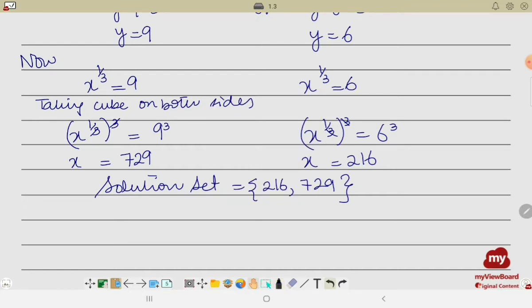Let's move further. The next sum is going to be the fifth sum of the same exercise, in which we have to reduce the equations to quadratic form. What we are doing is applying a substitution, and once the substitution is made, the equation is reduced to a quadratic equation.